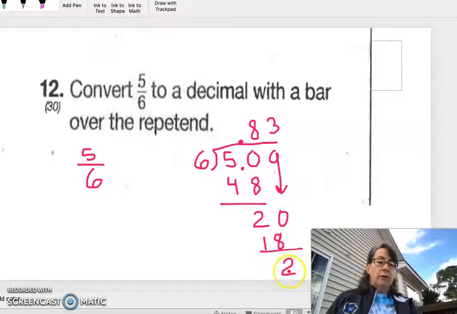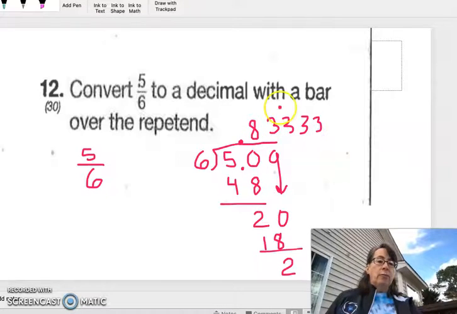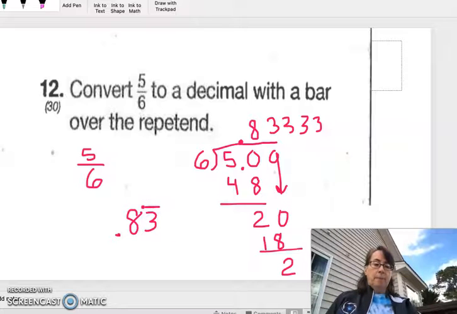We have another 2. This is going to continue forever, isn't it? So 0.833 repeating. So we're going to write that as 0.83 with the bar over this 3 is called the repetend, because it is the portion that continues on and on.